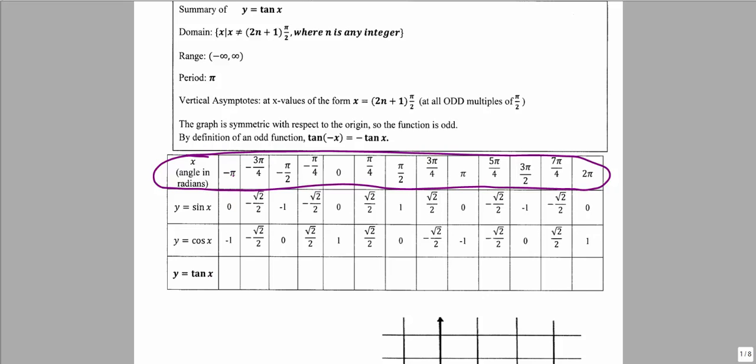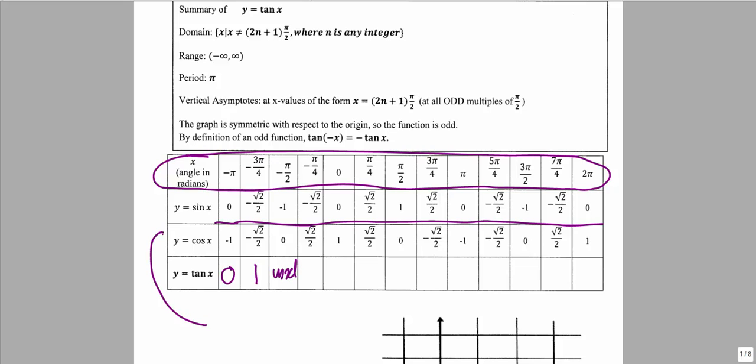So at negative pi, sine is 0, cosine is negative 1, sine divided by cosine, we get 0. We're going to do this for all of these angles. Negative square root of 2 divided by 2, and then we divide that by the cosine. Well, these are exactly the same values. They're both negative, so we get a positive 1. Negative 1 divided by 0, we get undefined.